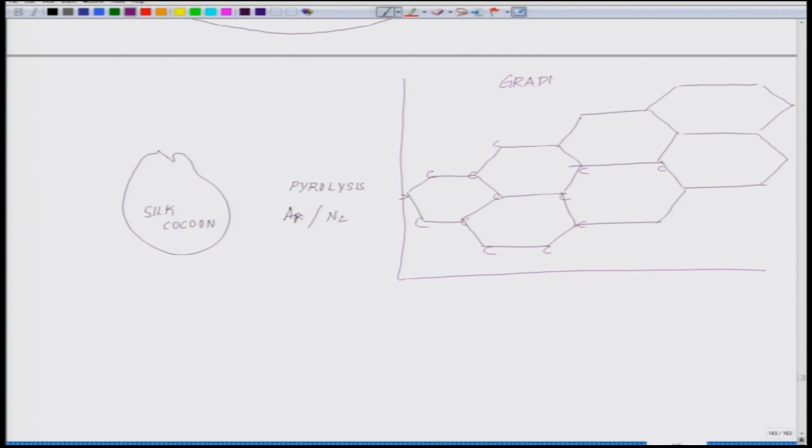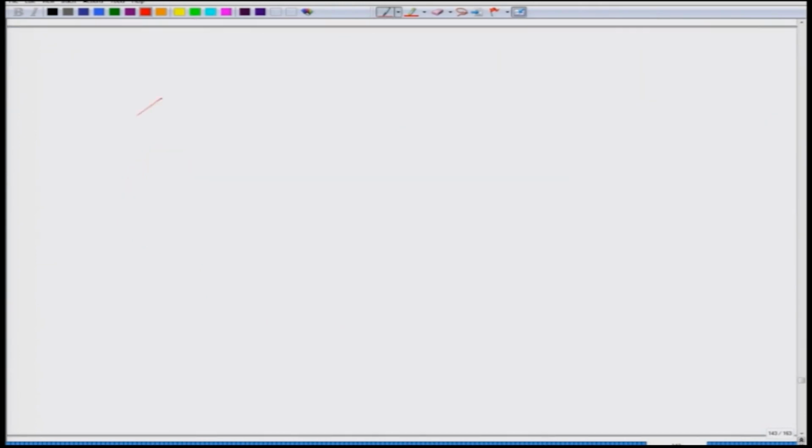Now, when you burn or pyrolyze it at a temperature of around 400 degrees centigrade without oxygen, again the same carbonization process we are talking about, what you get is very interesting. This is your native graphene molecule. Just for comparison, I am redrawing it with all the carbons attached.